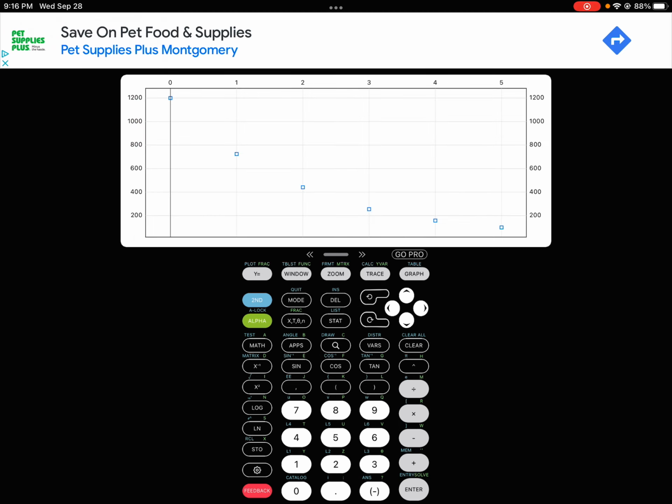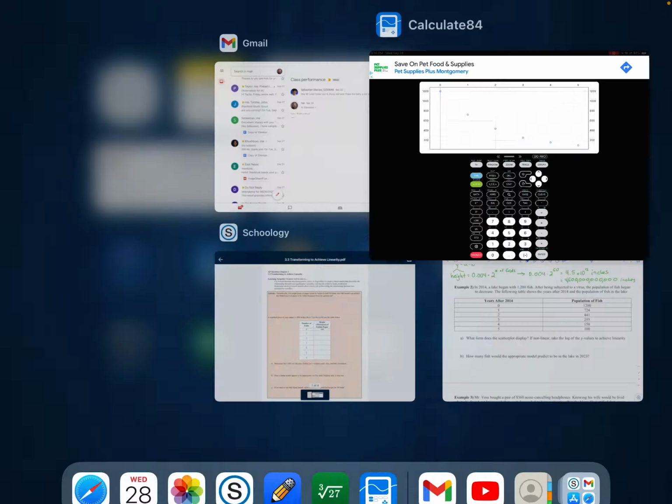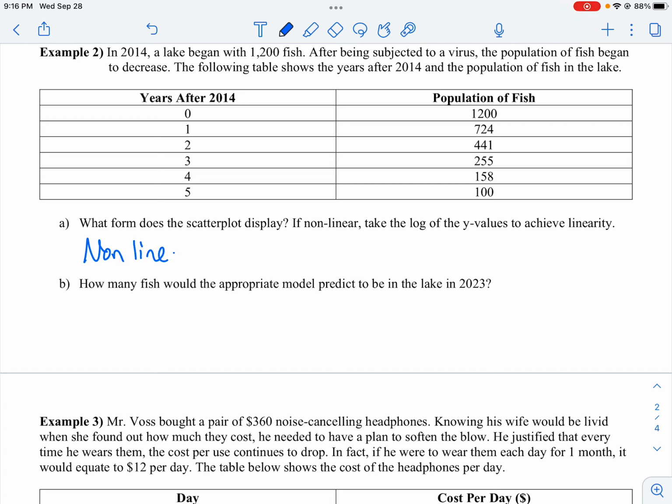There we go. So there's our scatter plot. Once again, we can see that curved nature of it. Okay, it's going down quickly, and then it starts to flatten out down at the bottom. So what form does the scatter plot display? Nonlinear.